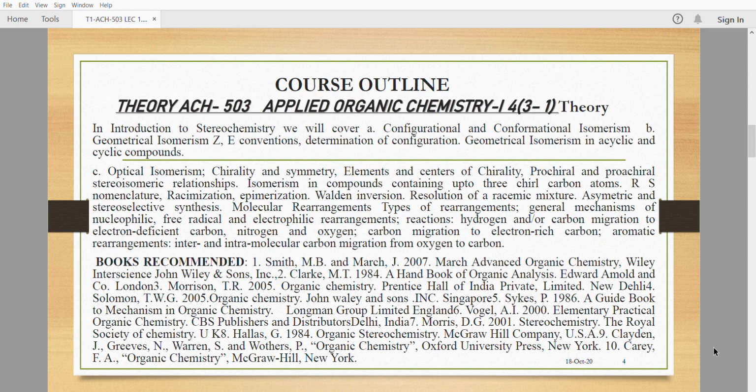This was very important. Volhardt is a very good book, in simple words. And Jerry March is a very good reference book, but it becomes difficult for students to understand. So Clark, Morrison, and Boyd are very good books.